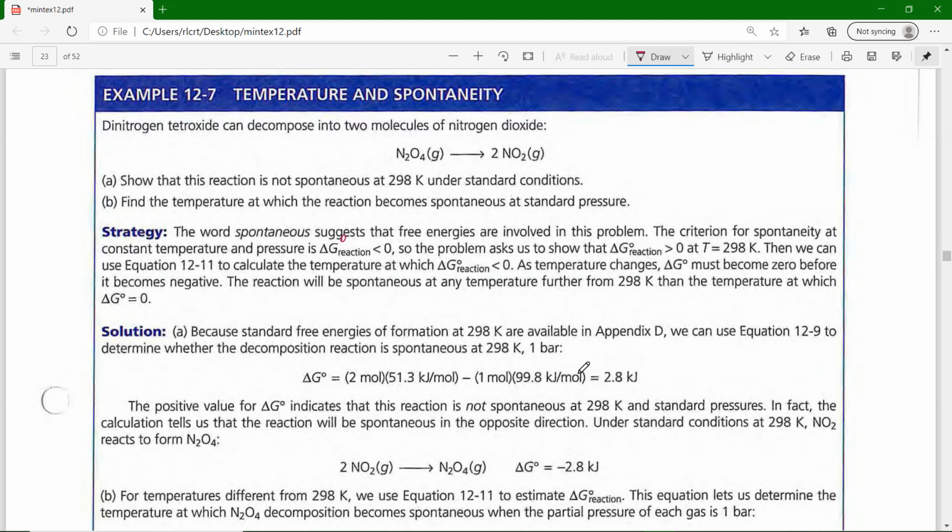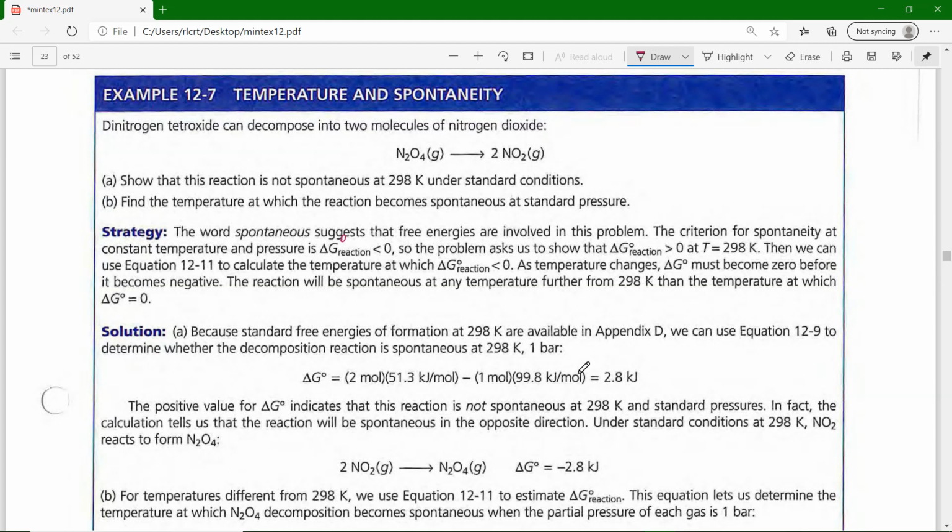So I'm going to have NO2 gas. So it's going to be 51.3, good, minus 99.8, which is N2O4. Yeah, okay, that fits. And you end up with just a little non-spontaneous.